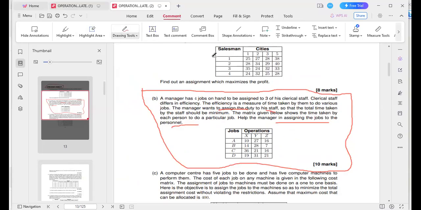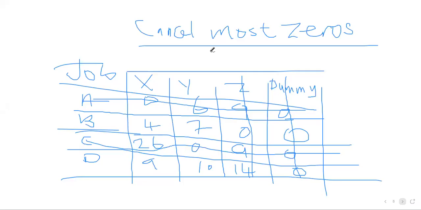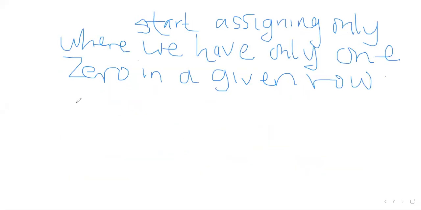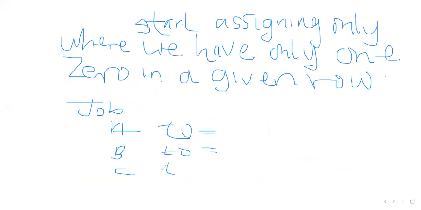So we are simply saying job A to, job B to, job C to, job D to.